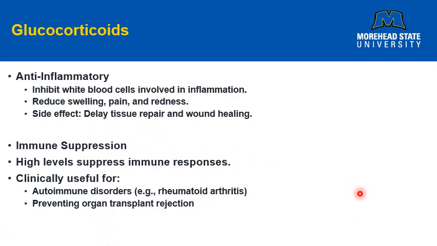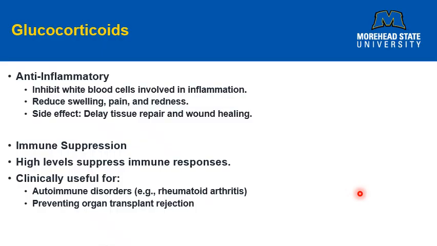Anti-inflammatory. These guys have anti-inflammatory functions. They can inhibit white blood cells. White blood cells are like your macrophages, some of your T cells, some of your B cells, the guys that lead to the inflammation you see during infection, that is red and swollen.